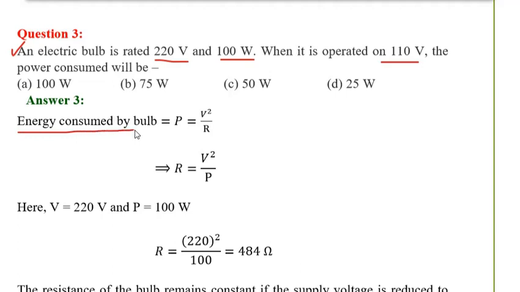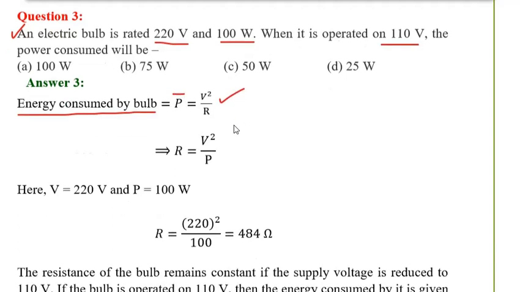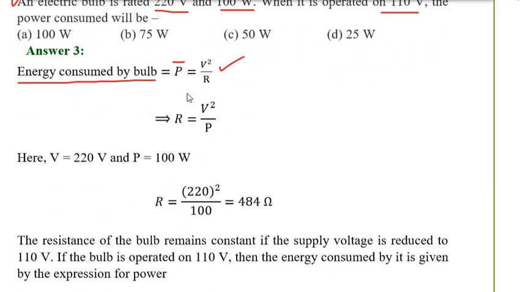Let's recall the formula: power consumed by bulb P equal to V square by R. Therefore, R equal to, by cross multiplication, V square by P.